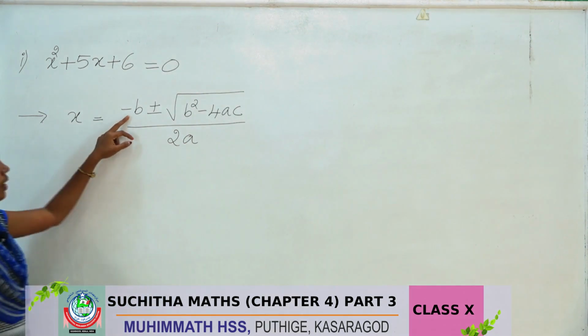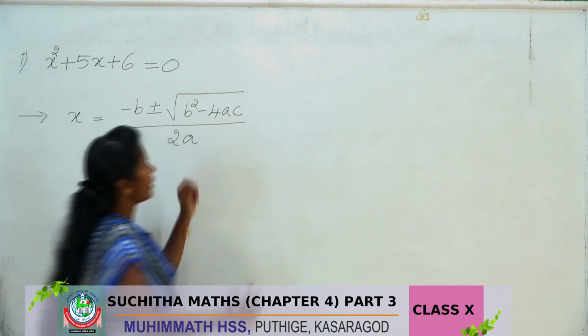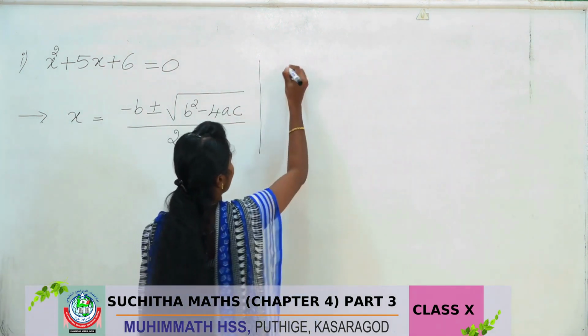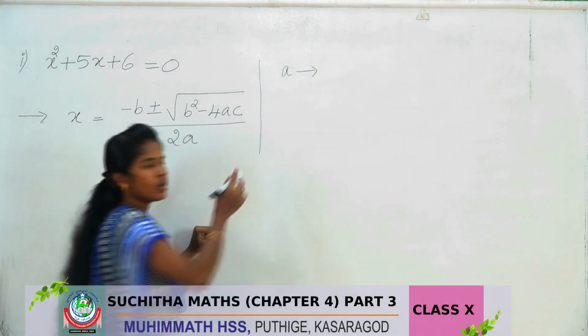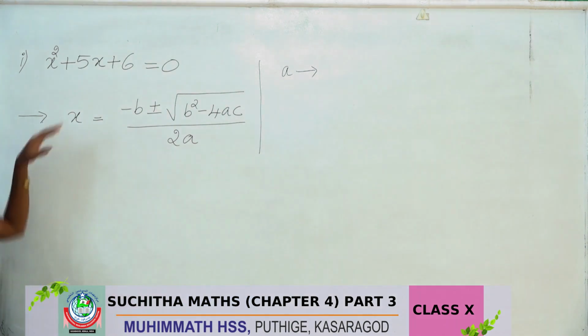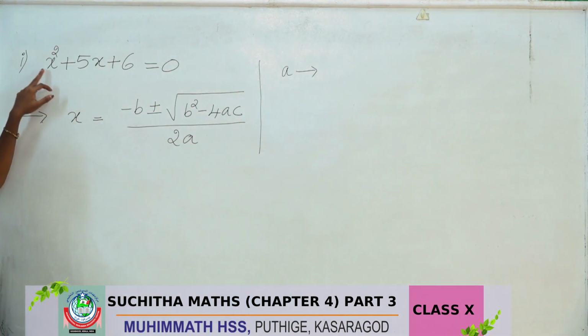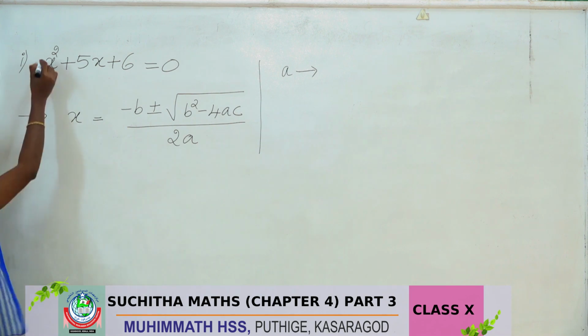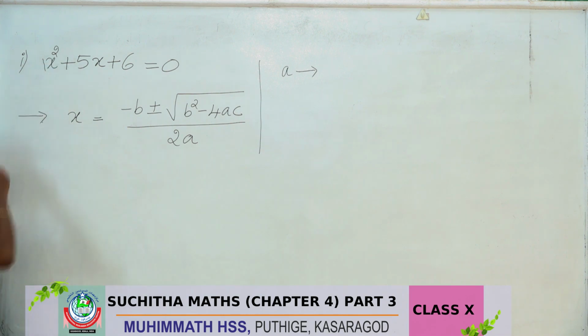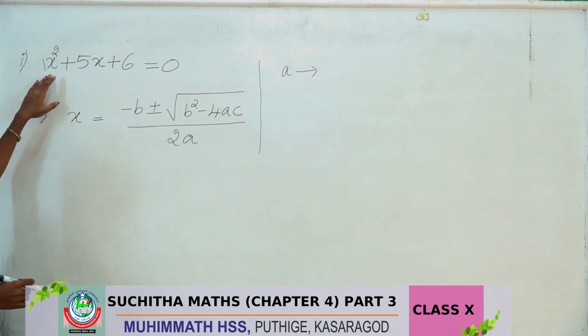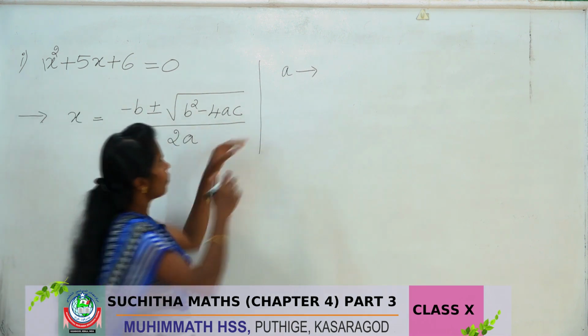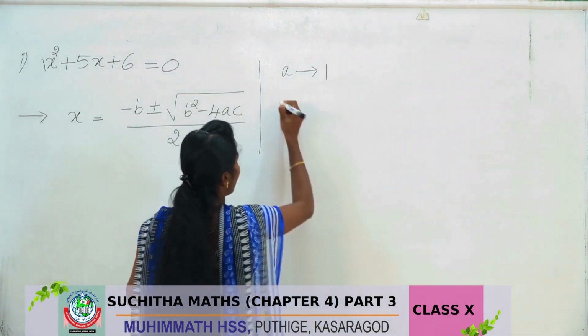Here what are the values of a, b and c? a denotes the coefficient of x square. Here the coefficient of x square is 1, since 1 into x square is x square. So a is 1.